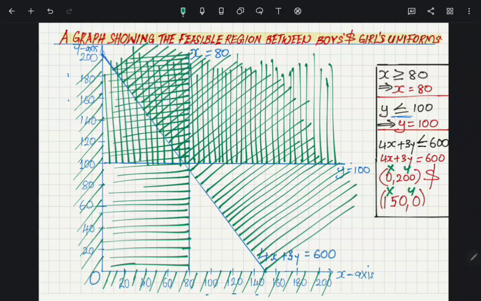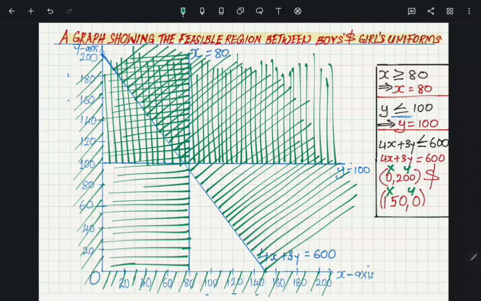So now what is the next thing that we are supposed to do? We are supposed to choose points within the visible region or on the bold lines. Now remember, we can choose points on the bold lines and also points within the visible region, within this triangle here. But one thing that you should keep in your mind is, if the line is dotted, you don't choose points along dotted or broken lines.